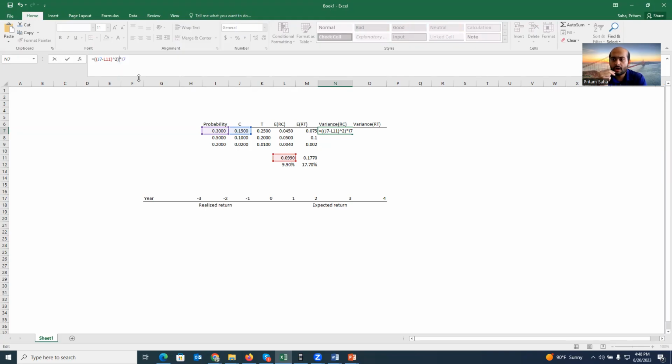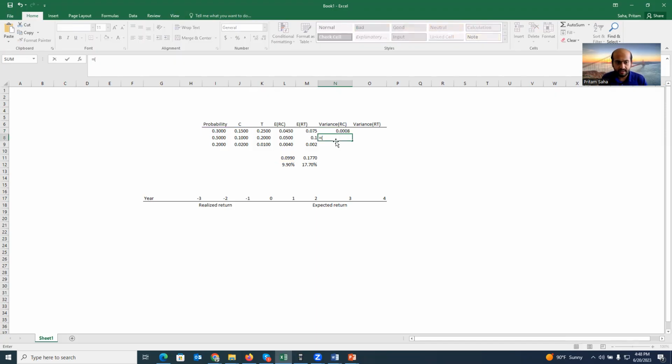So in different states of the economy, boom, average, recession, you take your return minus expected return. In different states of the economy, your return is this column, minus this, which is fixed, okay, this is fixed, square, times probability.